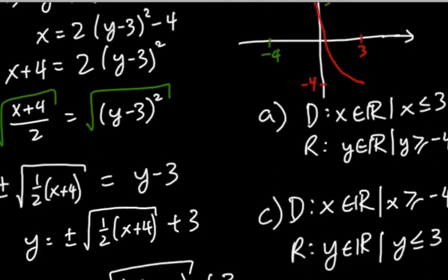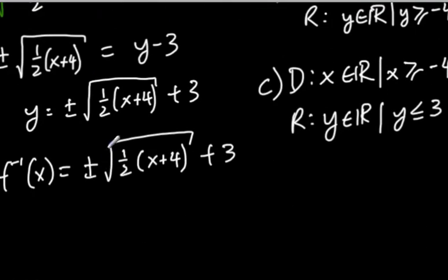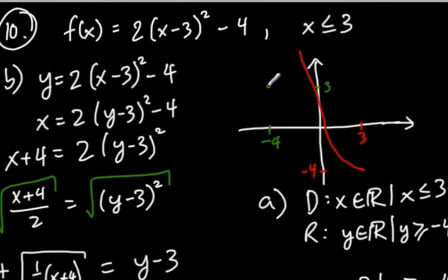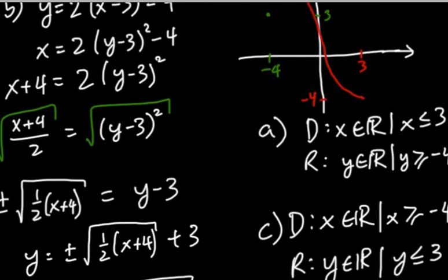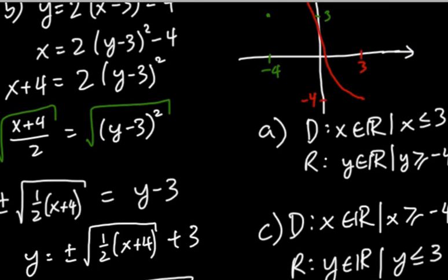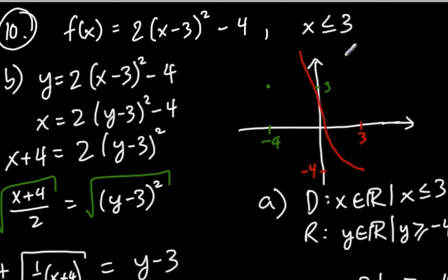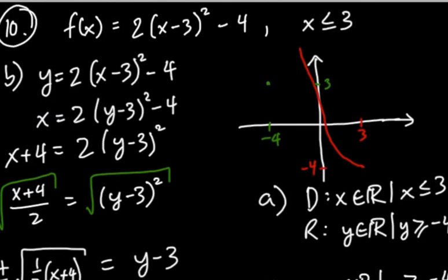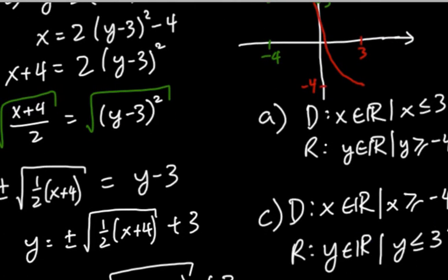And again, let's take a look at the function. This is either going to be a reflection across the x-axis or not. So either it's going to go this way or it's going to go down this way. And let's see how that looks. We know that x is going to be greater than or equal to negative 4, so it has to be this way or that way. And then the range says y is less than or equal to 3.